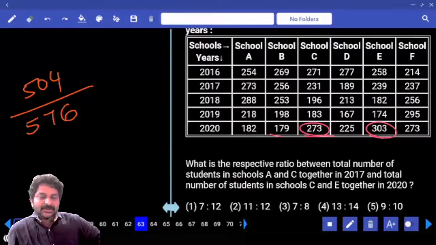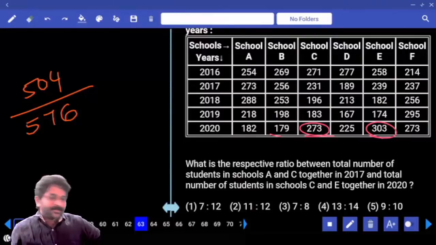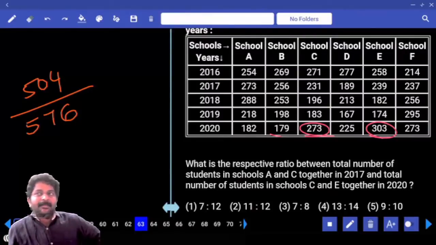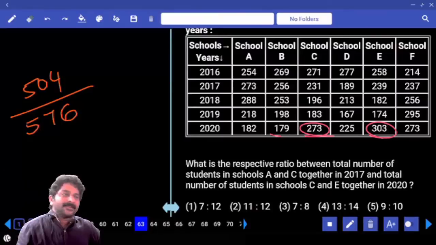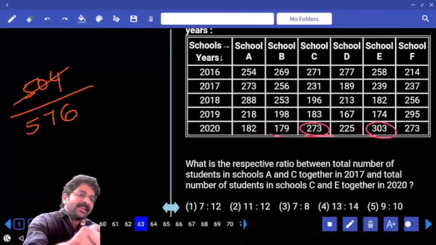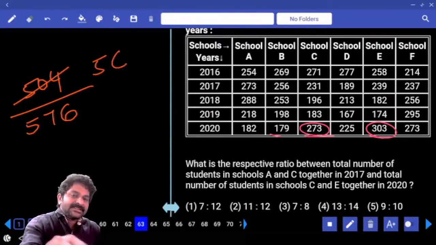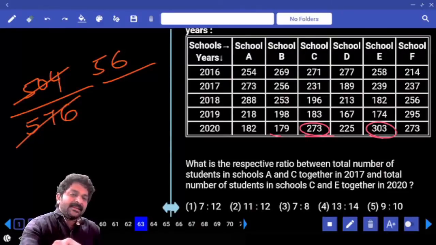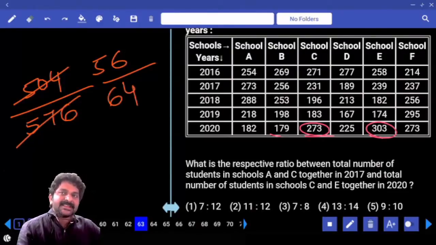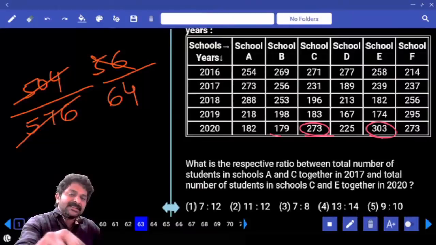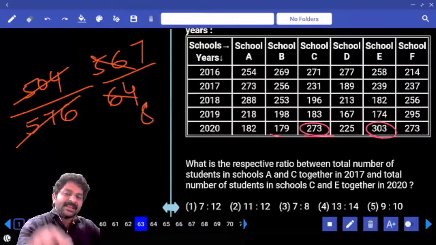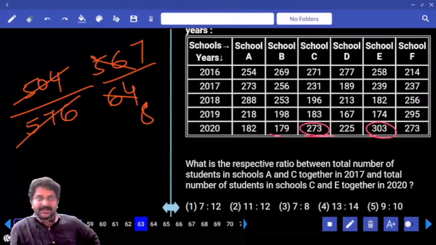Right. Both the numerator and denominator are multiples of 9. Sum of digits, 9. 504 is 9 times 56, and 576 is 9 times 64. Cancellation with 8: 7 times 8 is 56, 8 times 8 is 64. So 7 by 8. Third option.